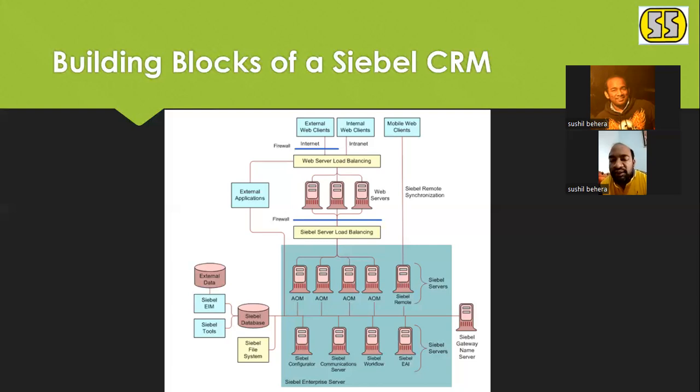So if some third party wants to connect to our Siebel application, they will not be able to access it, because the IP they are connecting from will not be given permission to connect to the Siebel application. That's why we have a firewall. I hope the external web client and internal web client are clear.